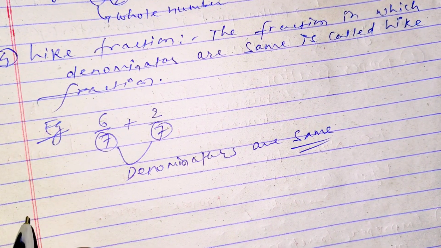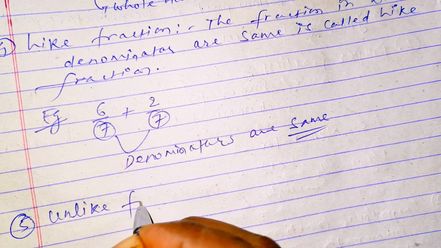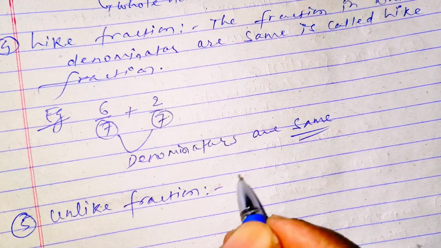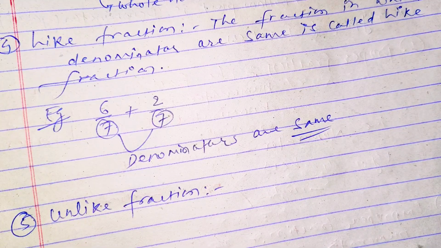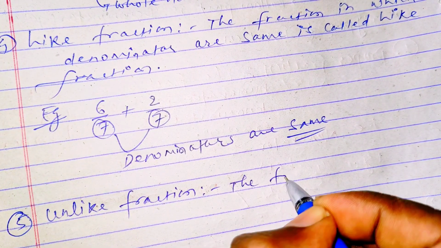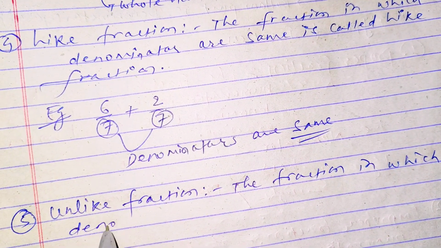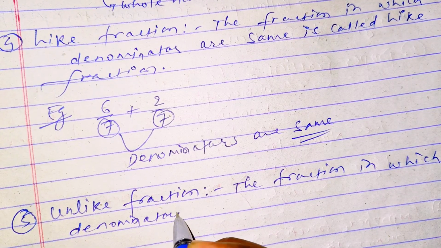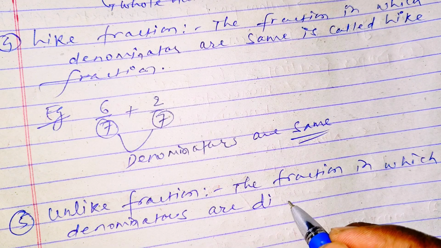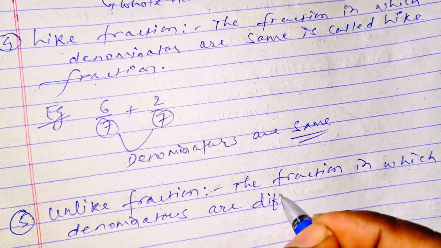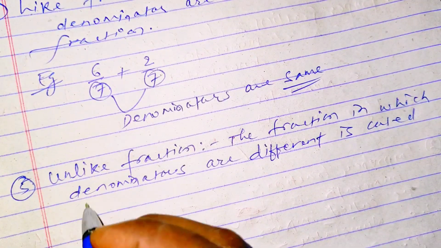Next is number 5, the unlike fraction. The fraction in which the denominators are different is called an unlike fraction. In a like fraction the denominators are the same, and in an unlike fraction the denominators are different, right?